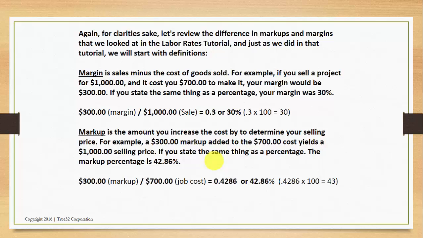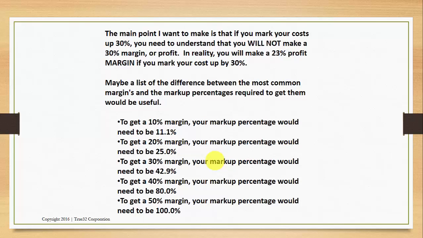That expresses out like this: $300, our markup, divided by $700, our job cost, equals 0.4286 or 42.86%. The main point I want to make, again, is that if you mark your costs up 30%, you need to understand that you will not make a 30% margin or profit. In reality, you will make a 23% profit margin if you mark your costs up by 30%.